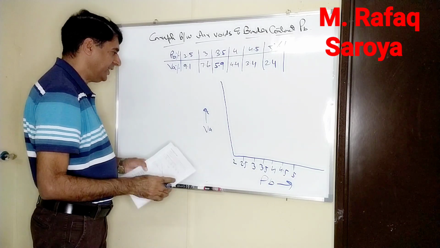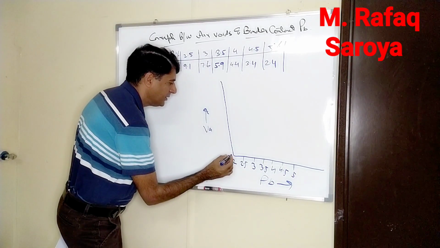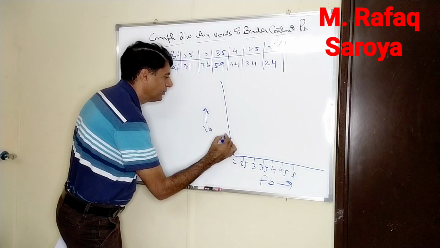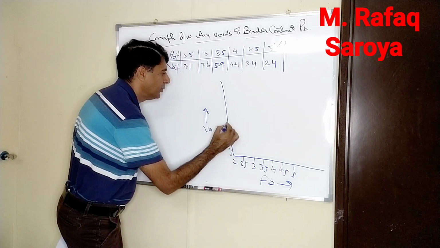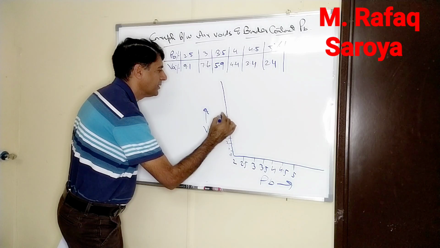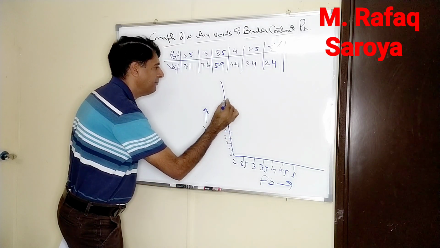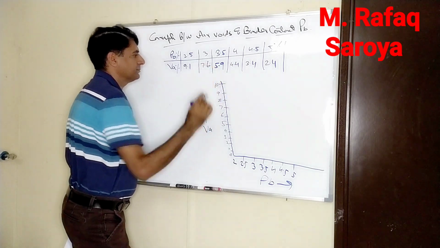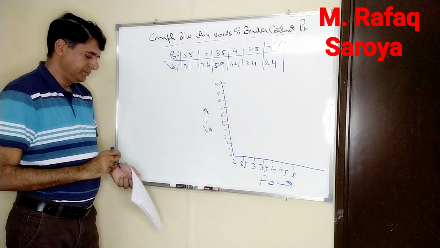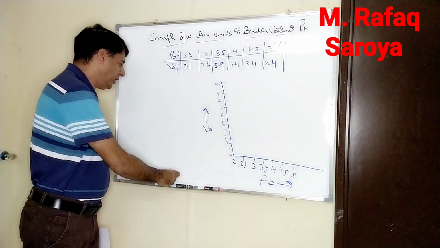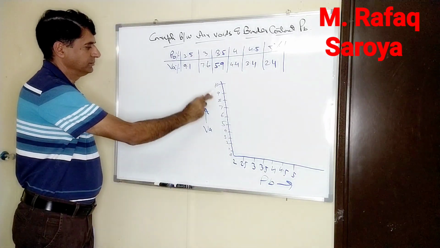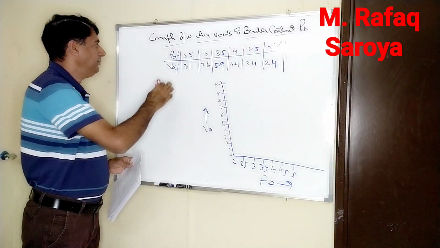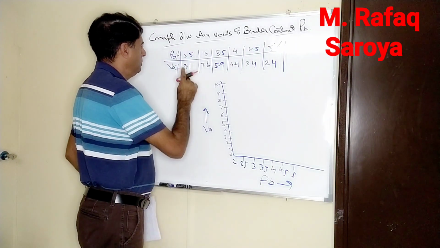Now this value is taken as 0, 1, 2, 3, 4, 5, 6, 7, 8, 9 and 10.